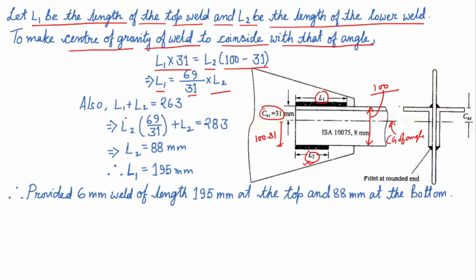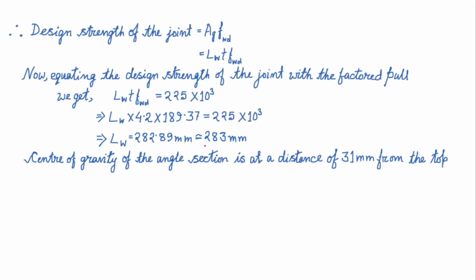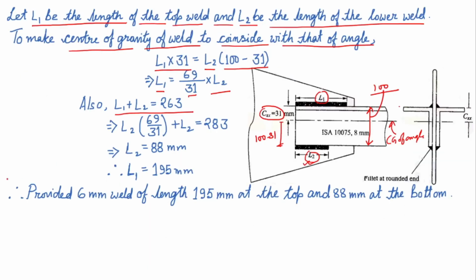Also we have this equation because we have to provide a total length of 283 mm weld, which is Lw. So L1 plus L2 equals Lw, the total length of the weld. If I replace L1, L2 into 69 by 31 plus L2 equals 283.